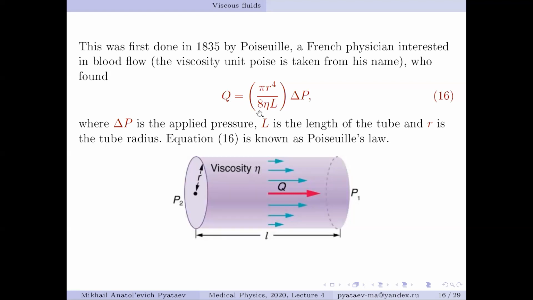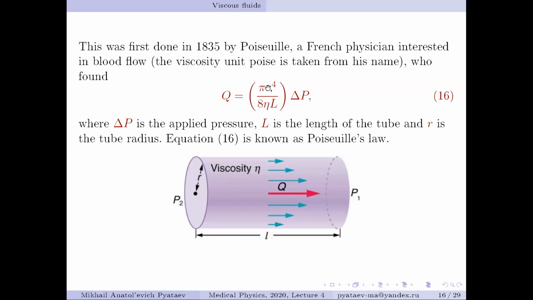That means the increase in viscosity should be compensated by an increase in delta P. So the pressure should increase, and this pressure is produced by our heart. So the increase in viscosity means more load for our heart. The heart should do larger work.